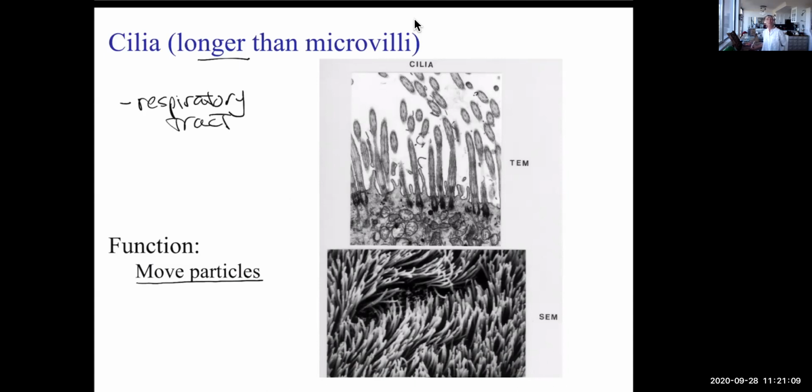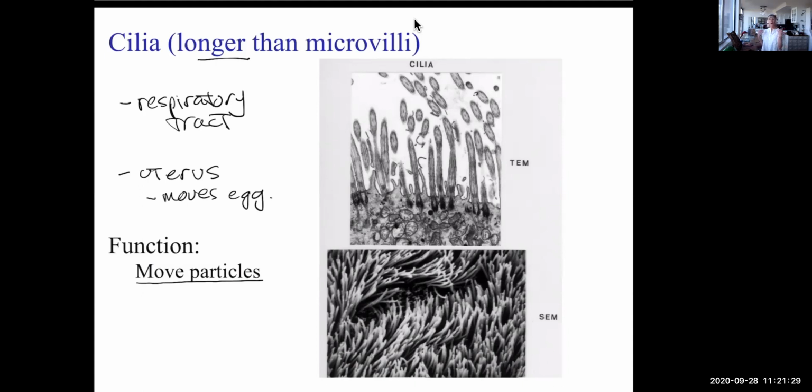What do you think that they move in the respiratory tract? You can write that in the chat if you like. In the uterus, they move the egg.